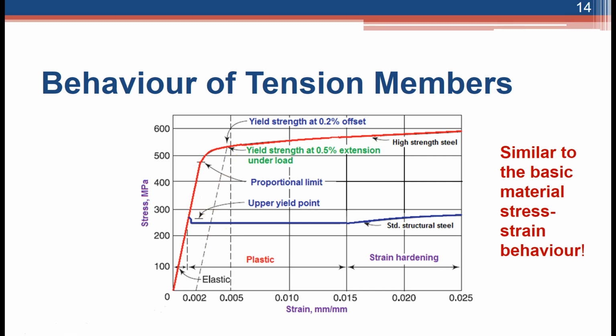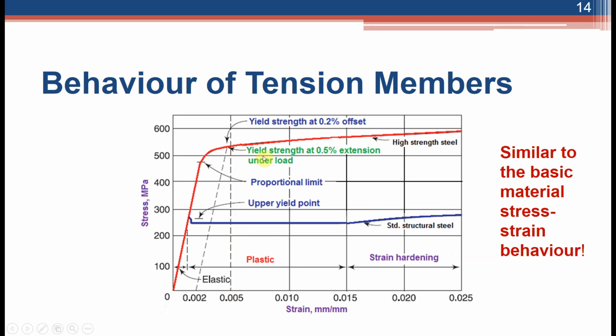Here this is the yield strength at 0.2% offset. So here this 0.002 strain is there. Here you can draw a line parallel to the tangent of the initial part of the curve. This line is drawn and is cutting at that point. This is the yield strength at 0.5% extension. So here the extension is nearer to 0.5%.